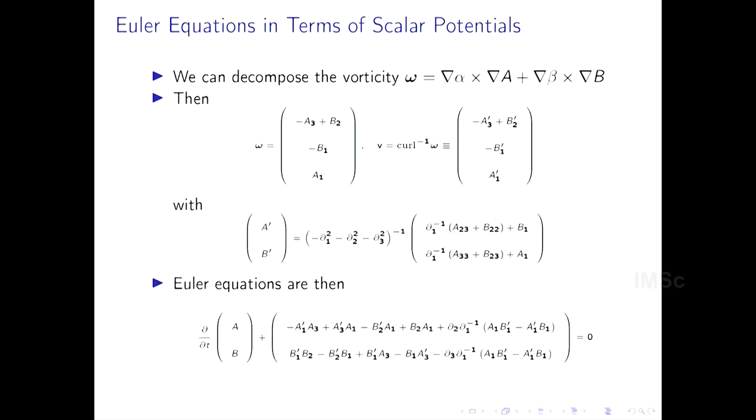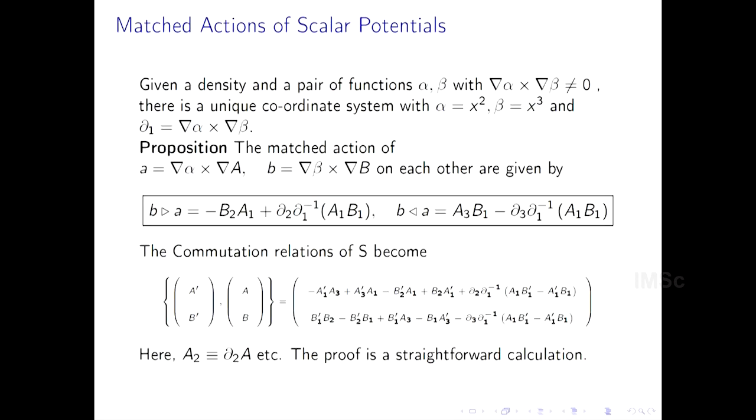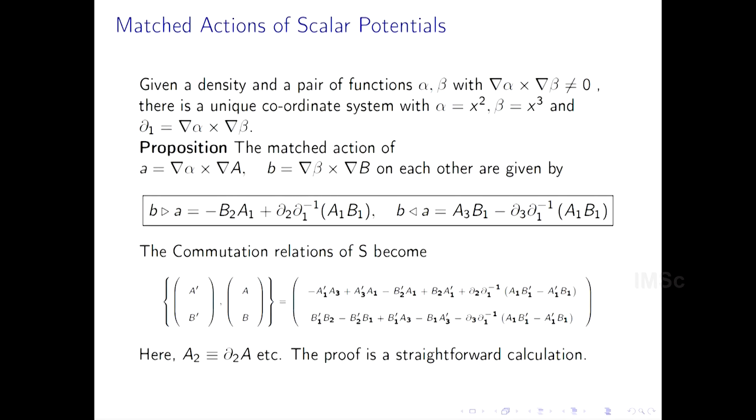So what we have is that we can take a vector field that is incompressible, decompose it as a sum of two terms, one belonging to each subalgebra, and then you can verify that there is an action of one on the other.